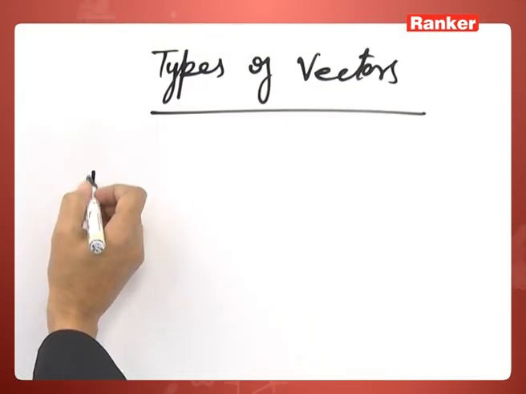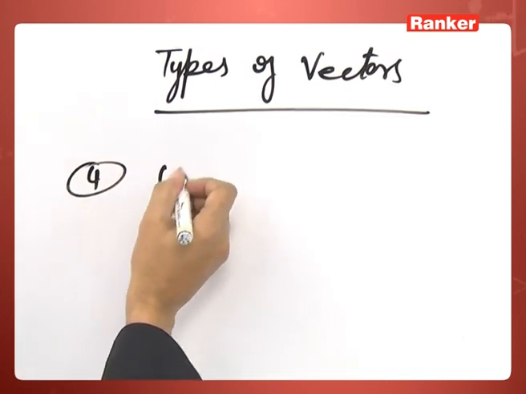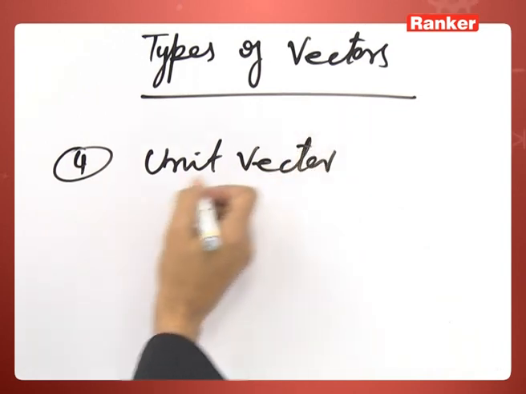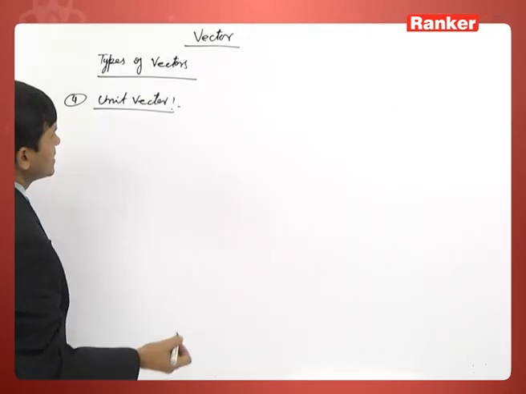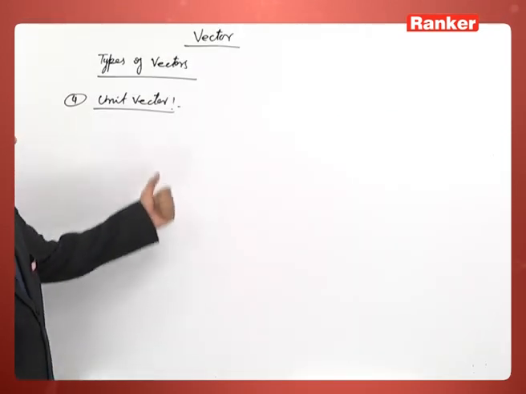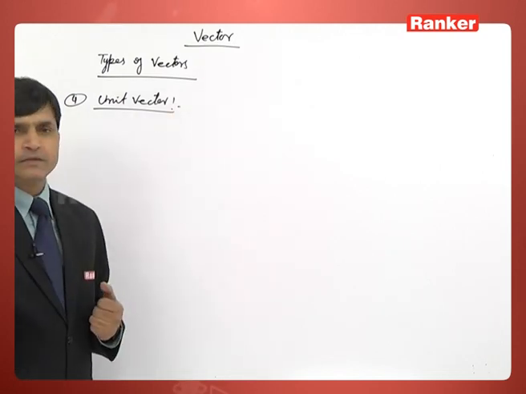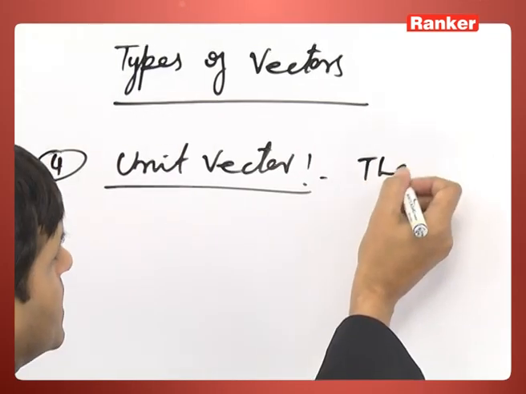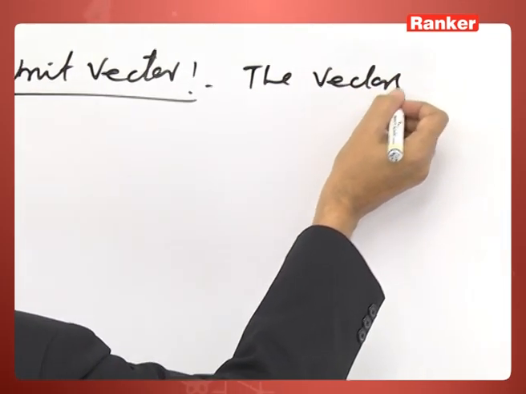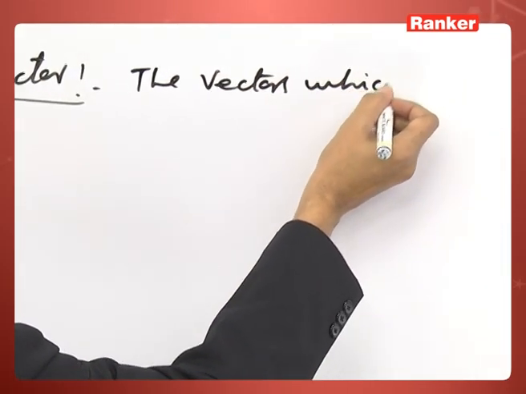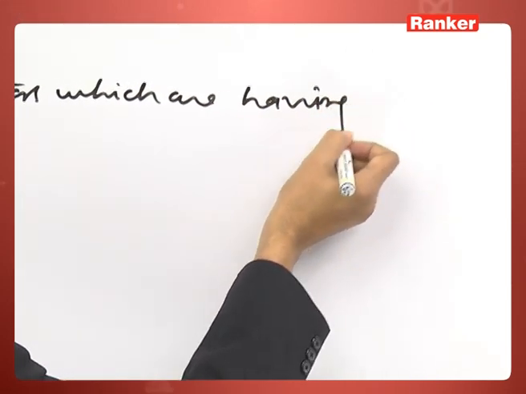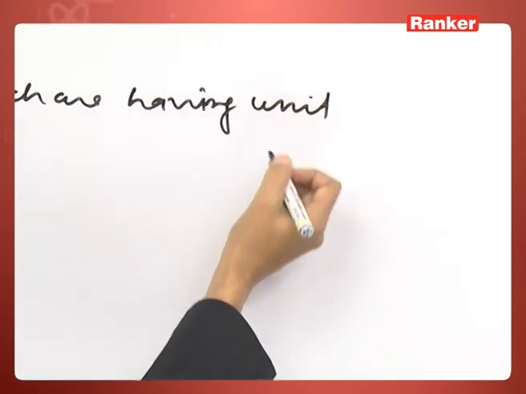Next one, unit vectors. The vectors which have unit magnitude are called unit vectors.